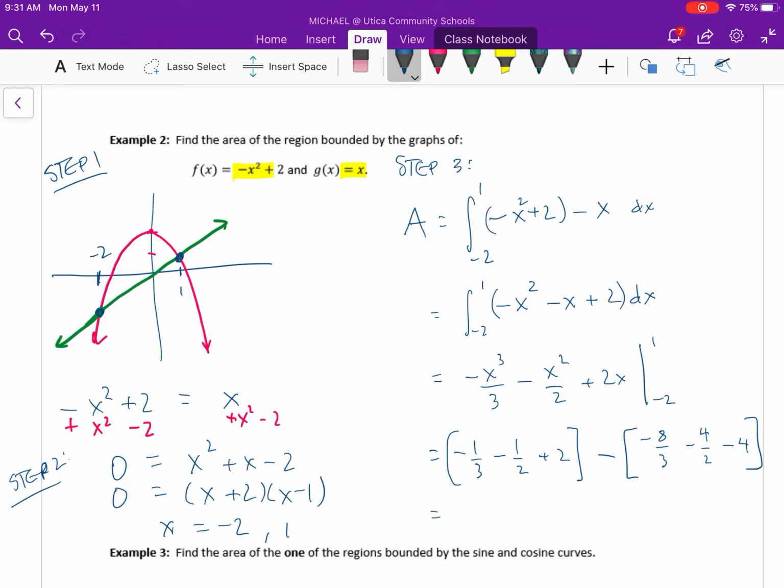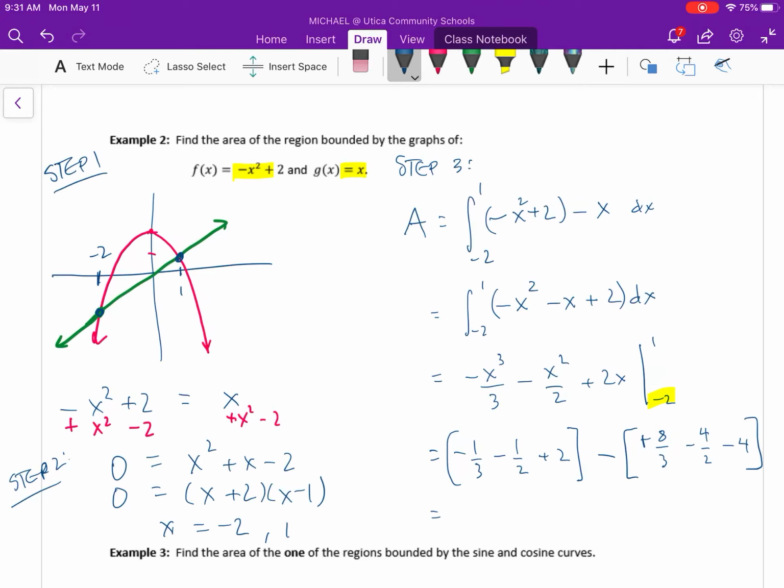I'm going to look really quick back at my distribution. Actually, when I plug in a negative 2, I think I made a mistake here. When I plug in a negative 2, that is actually going to be a plus 8/3. Negative 2 to the third is negative 8, and then the second negative makes it positive 8/3. All right, so let me try that again.